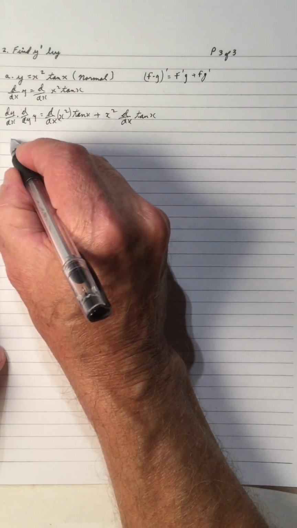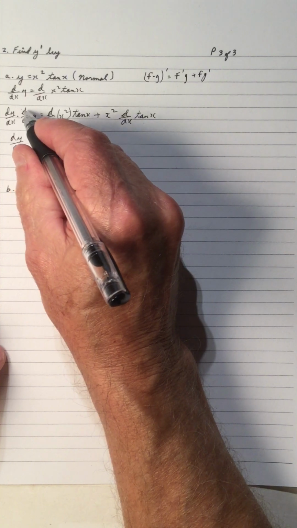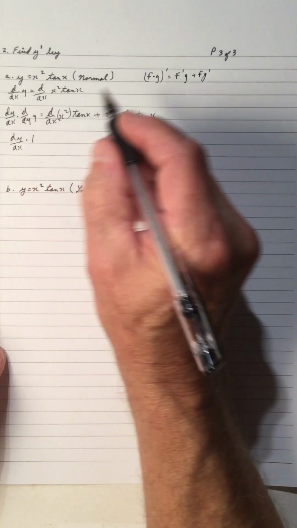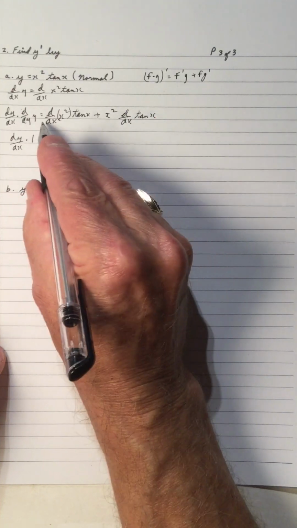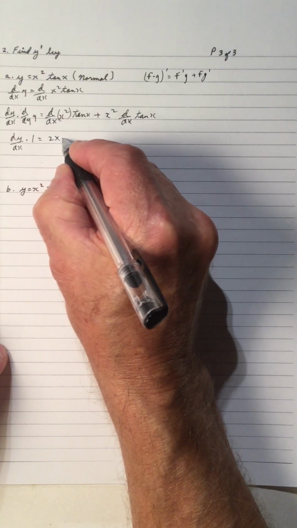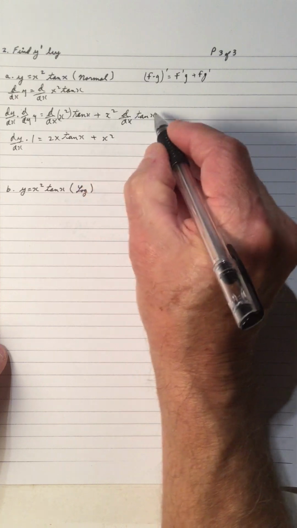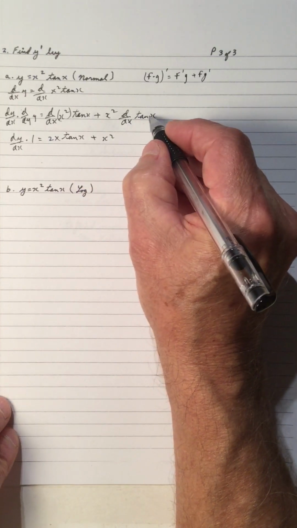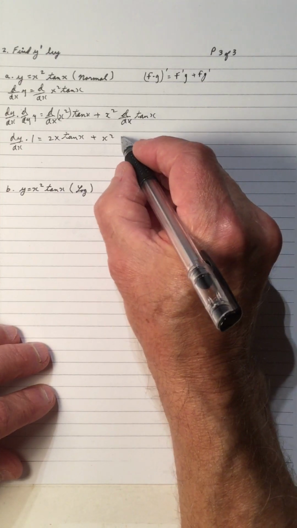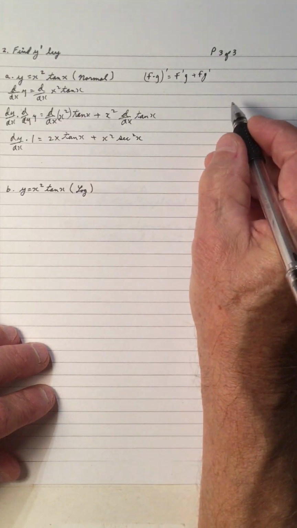Again, to simplify this, dy/dx, the derivative of y in terms of y, is just a 1. So let's continue here. The derivative of x squared is 2x. We have the tan x, leave it alone. Here we have an x squared, and d/dx on tan x, the derivative of tan, if you have it memorized, is secant squared x.